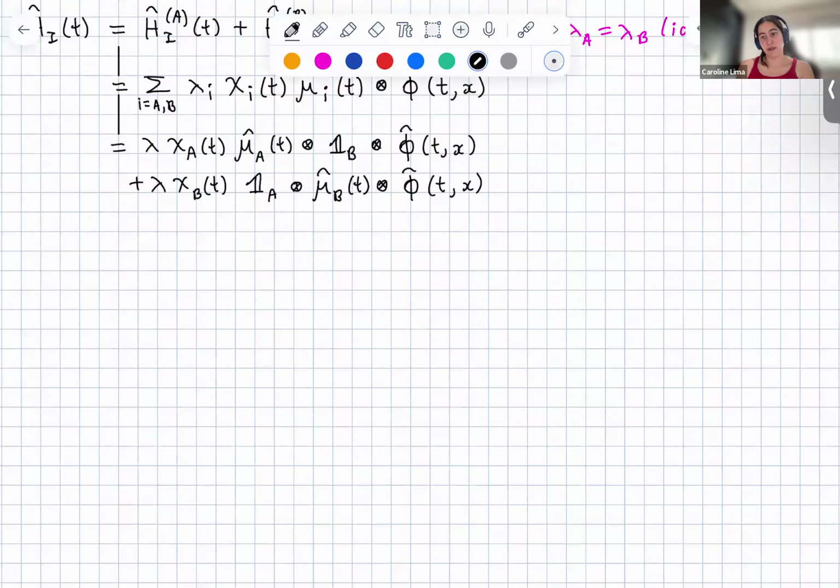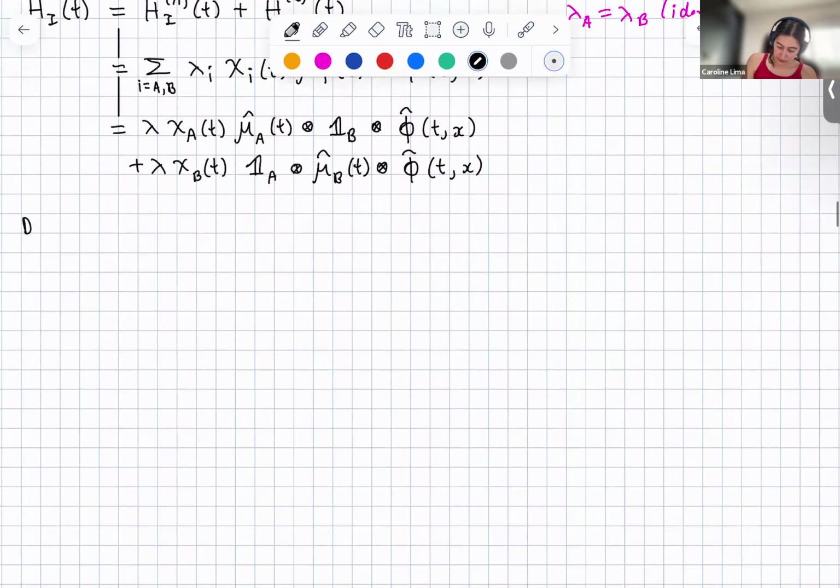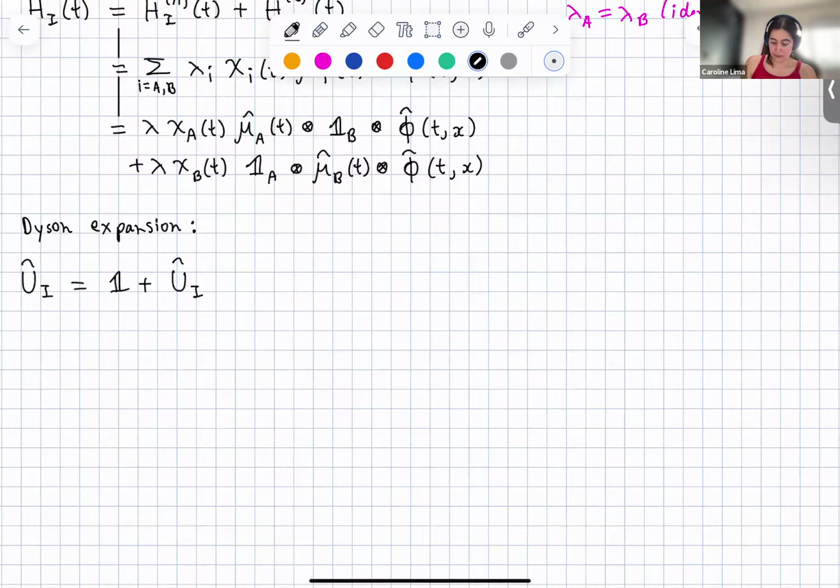So we need to time evolve this state, of course. So we need the Dyson expansion. So let me remind you. That's going to be the identity plus the first contribution plus the second plus higher order, right?